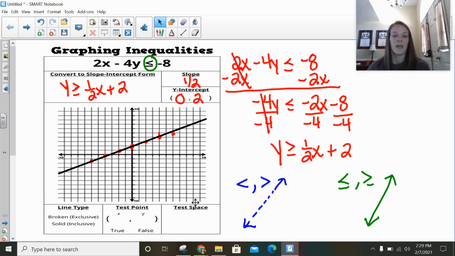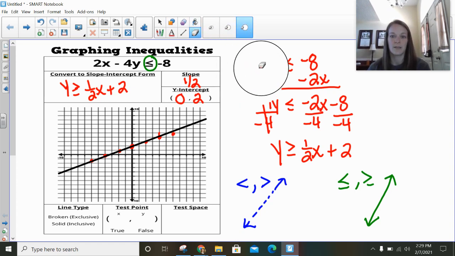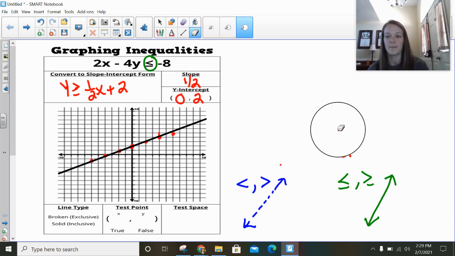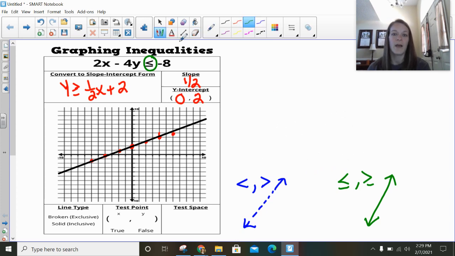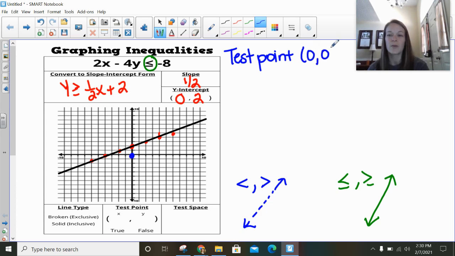Then to figure out where you're going to shade, I'm going to delete this so that I have room to write. You have to pick a test point. I'm going to pick my test point to be 0, 0. As long as 0, 0 is not on your line, that is going to be your easiest test point, and this is going to tell me where I need to shade.